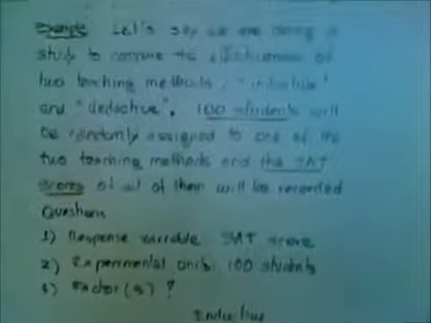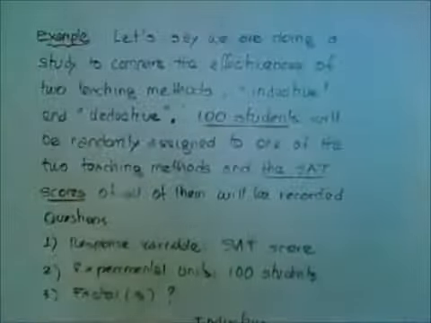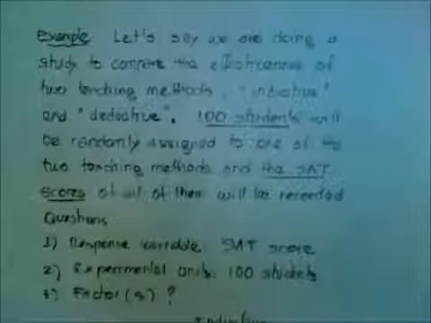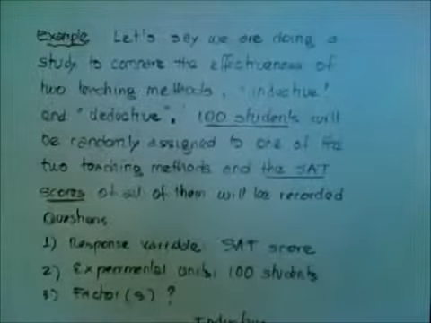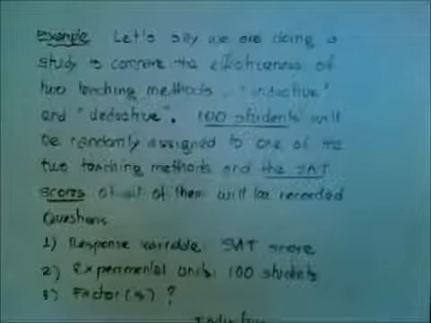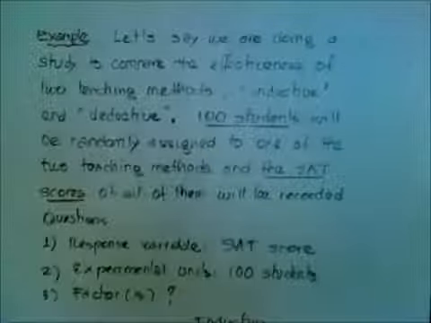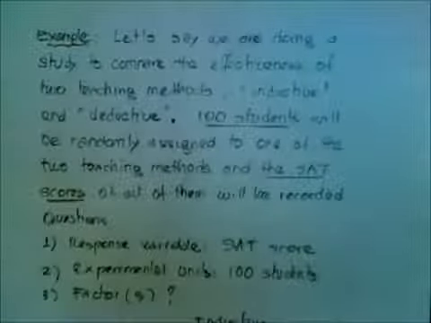If you read this again, you will not be able to find any levels for inductive, because for this inductive method we didn't specify that we had this one and that one and that one. They just said inductive is one of the methods and deductive is the other method.